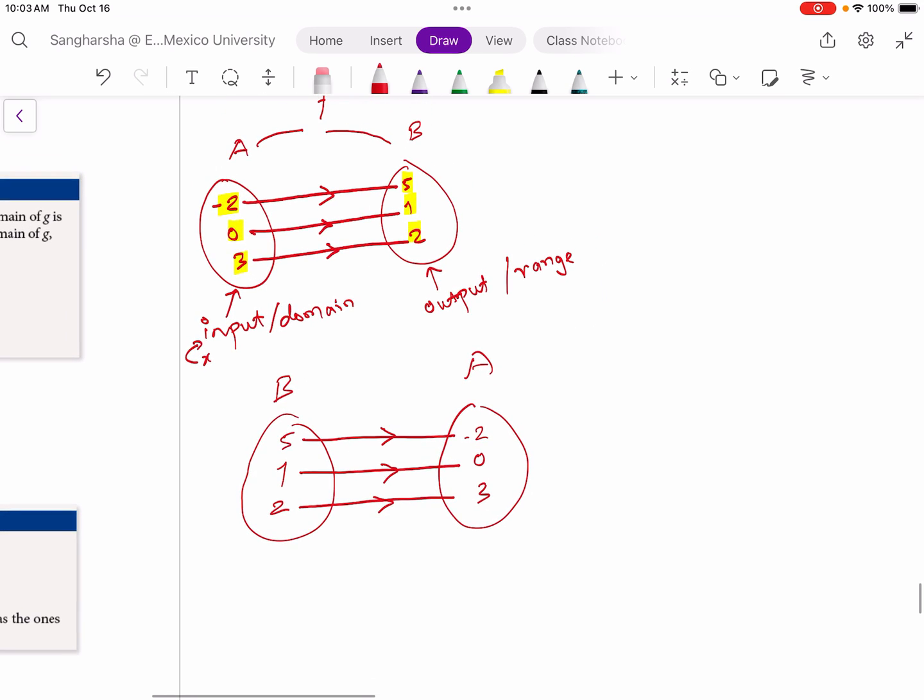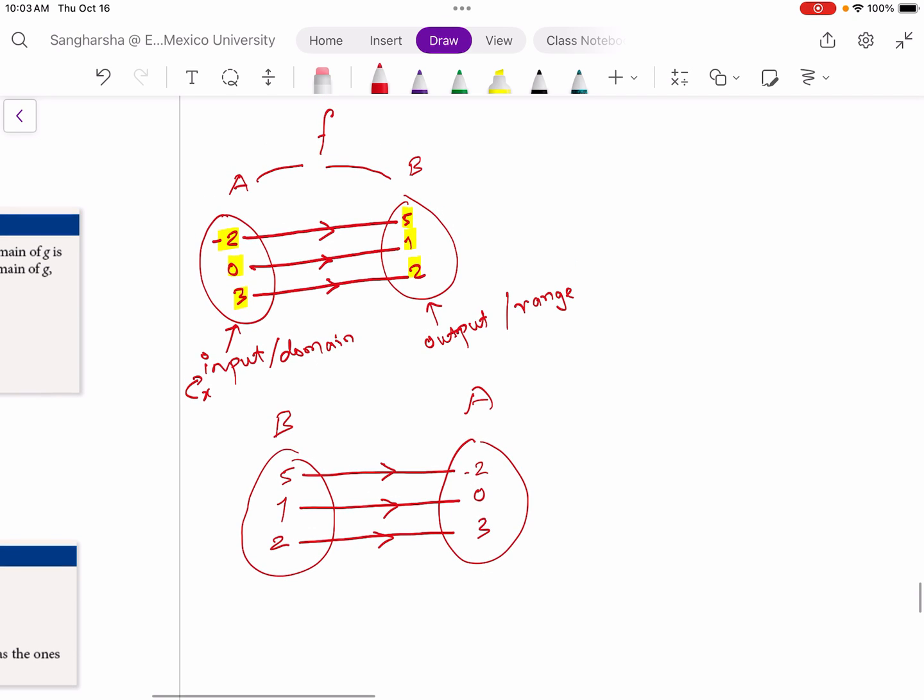Now at first, is this a function or not? Okay, this is a function. Every element from set B has exactly one element in set A.